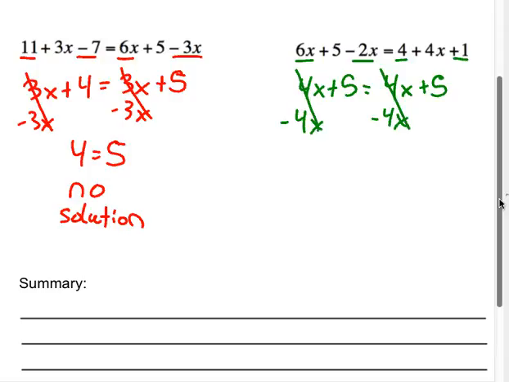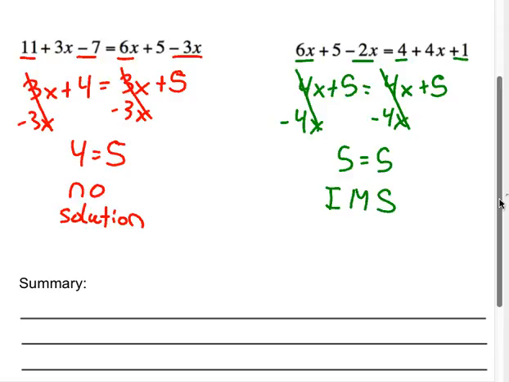So when I go to subtract off the 4x, instead of combining, it cancels them off. And this time I'm left with a true statement, okay? 5 will always equal 5. So what that's telling me is it doesn't matter what x was. Anything x was is going to lead to a true statement, okay? So what that means is x could be anything. I have infinitely many solutions.